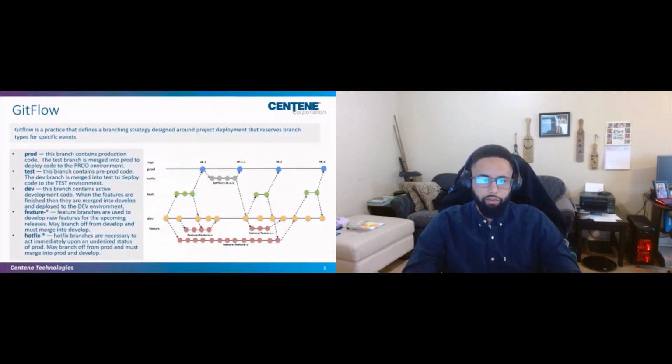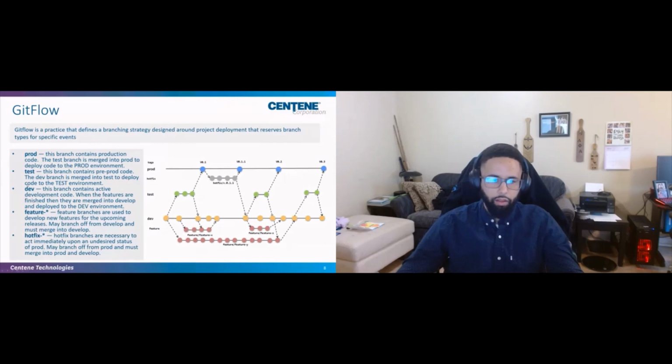The key feature here is that it reserves certain branch types for certain events. So when we push to, for instance, the prod branch here, we know that any code that is pushed to the prod branch will subsequently be picked up by our GitLab job and deployed to production. Likewise, if we deploy to test, it will go to test and dev and so on.